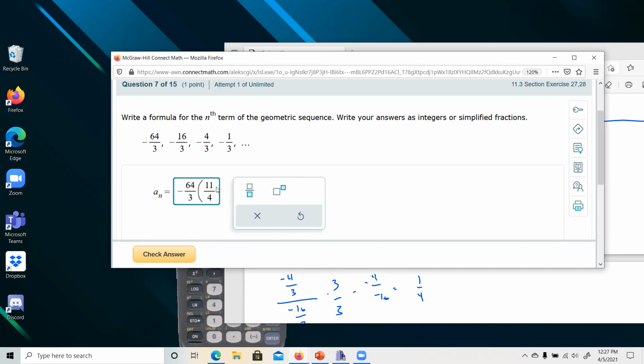At this point, I'm a little worried about how they want their format. So this is an A times R to the n. I kind of hope this is what they want. They did not like that.